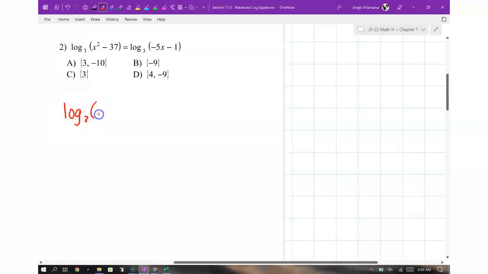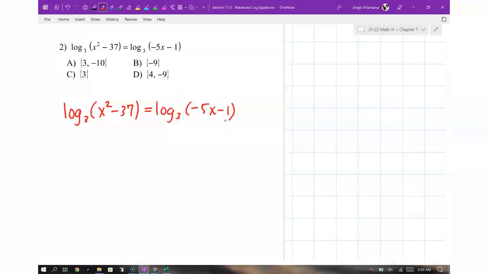So those are just properties you're supposed to be aware of already. Okay, I'm just going to rewrite the question really quick. So here it is. Now, according to the property that I just discussed, since they both say log base 3, then all you have to do is set the insides equal to each other.